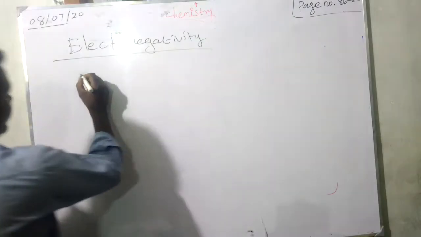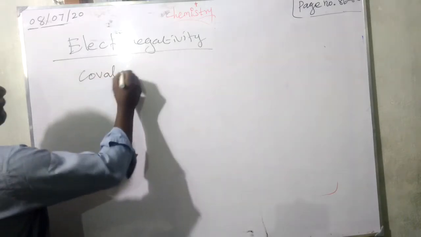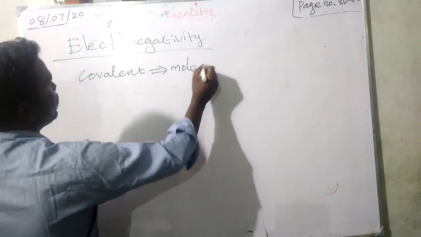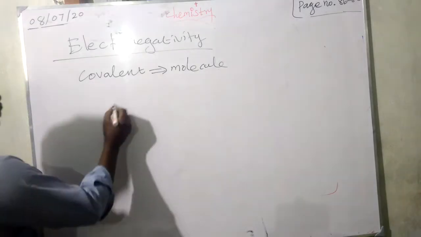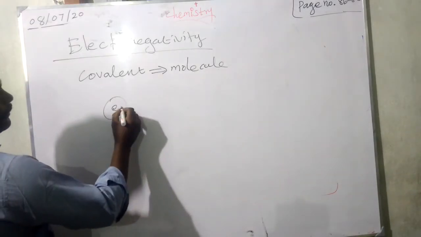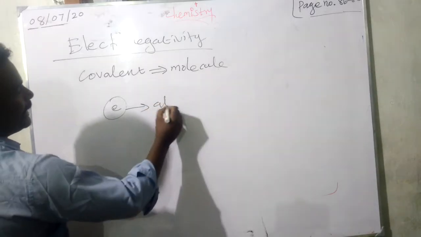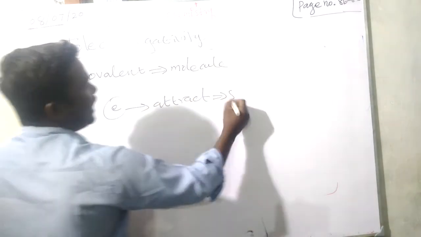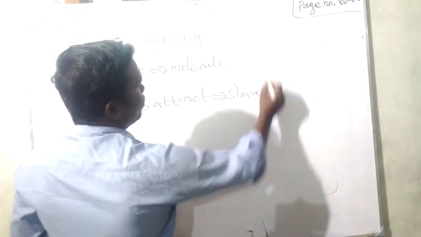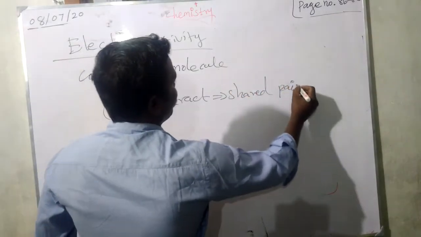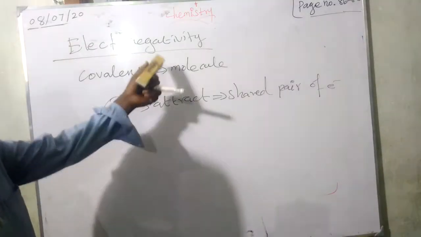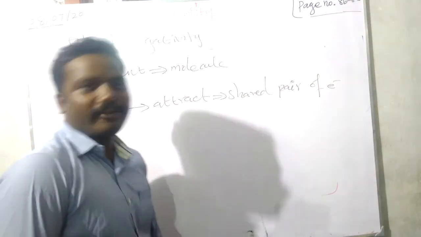So in a covalently bonded molecule, one of the elements is attracting the shared pair of electrons. See, already we know how the covalent bond forms: by sharing of electrons.